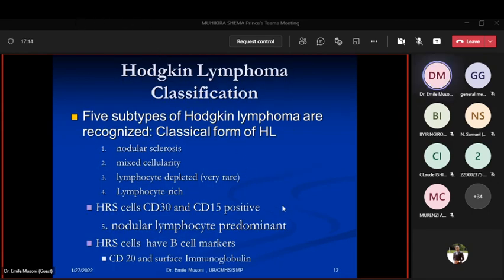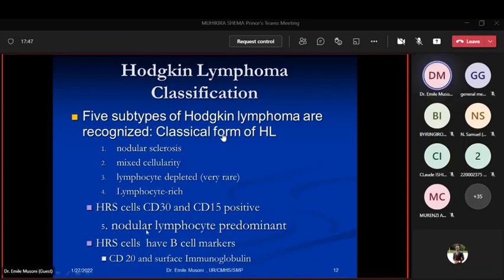Here is the classification of Hodgkin lymphoma. There are 5 subtypes of Hodgkin lymphoma. The classical ones, there are 4: nodular sclerosis, mixed cellularity, lymphocyte depleted, which is very rare, and lymphocyte rich. Classical Hodgkin lymphomas are positive in immunohistochemistry for CD30 and CD15.